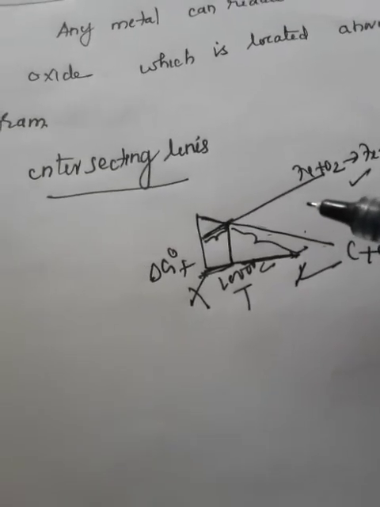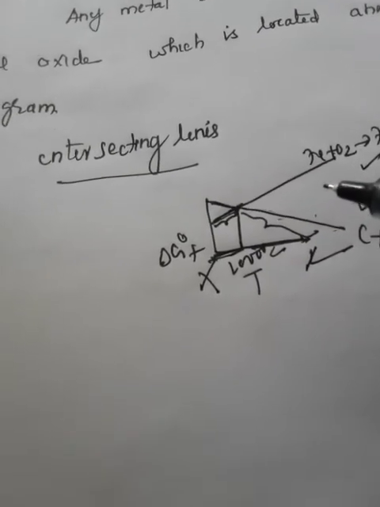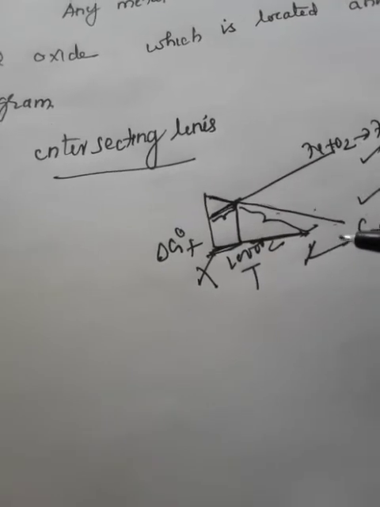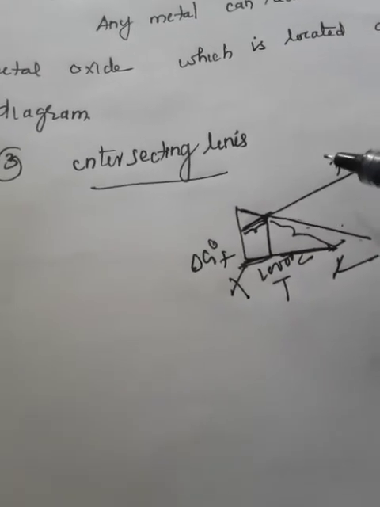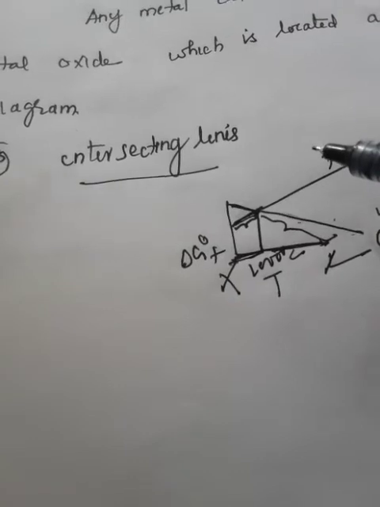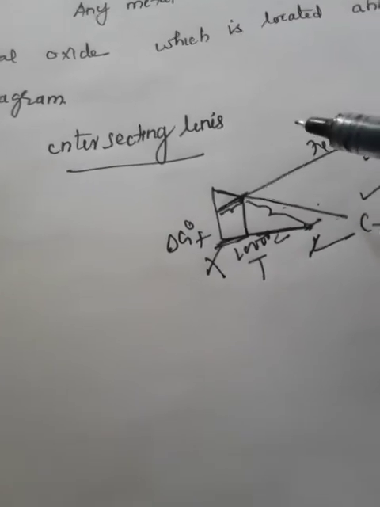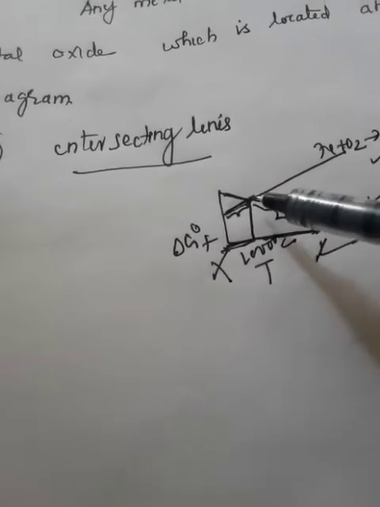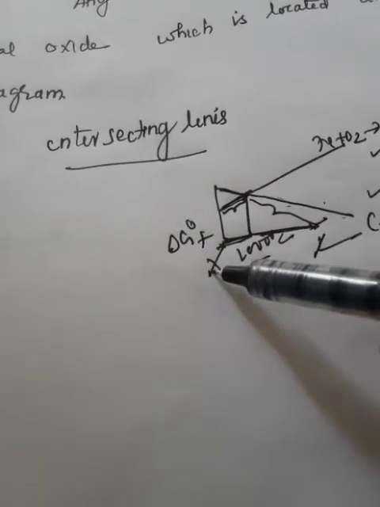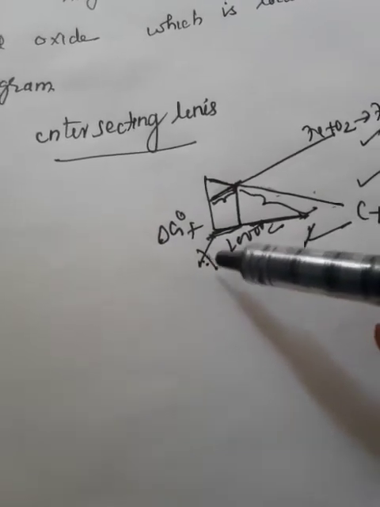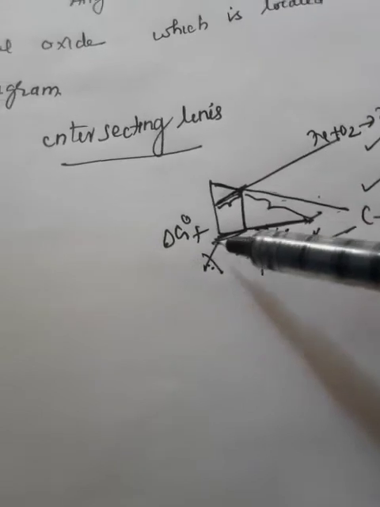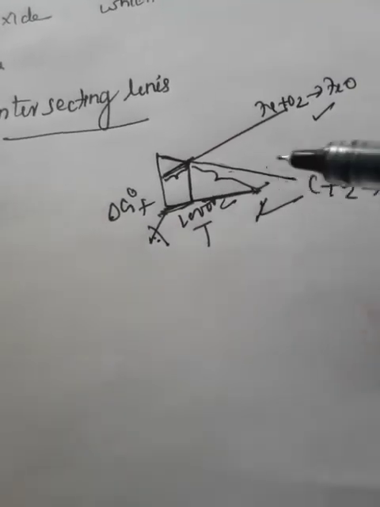So always you have to keep in mind which line is kept below, that can reduce the metal oxide which is kept above. So intersecting means below this temperature, the reducing agent acting is impossible, not feasible. Then above the temperature, it is feasible.